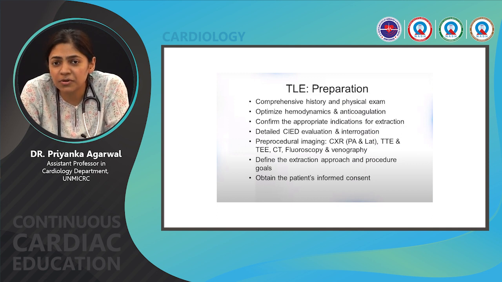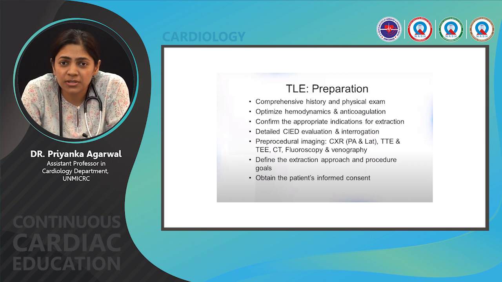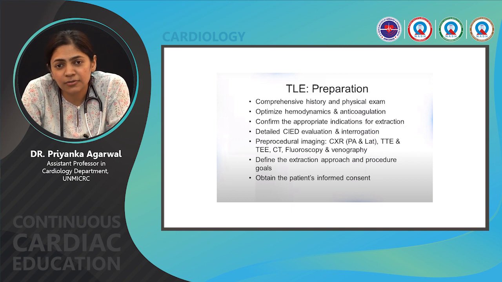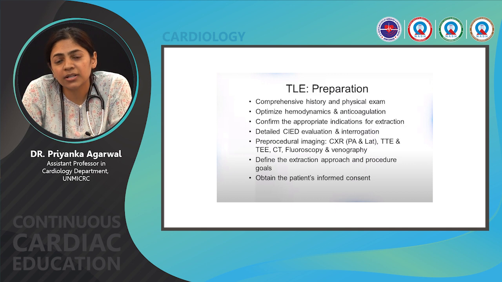Pre-procedural imaging is very important. X-ray should be done, transthoracic echo should be done, CT should be done, and fluoroscopy should be done. The patient should be taken in the lab, and detailed fluoroscopy should be done in AP and lateral views, so that we can see how many leads there are and what kind of leads, whether screw leads or tine leads, and venography should be done.